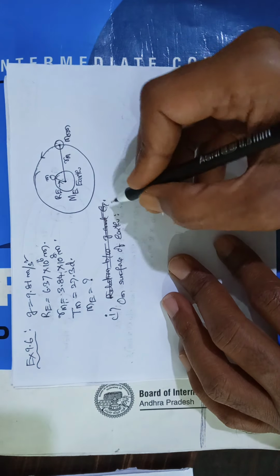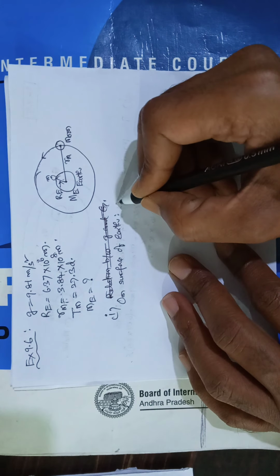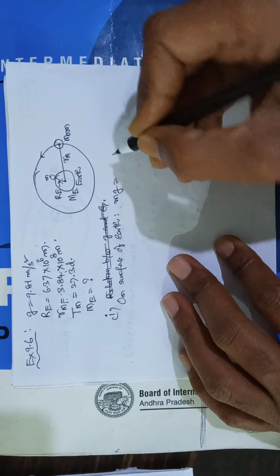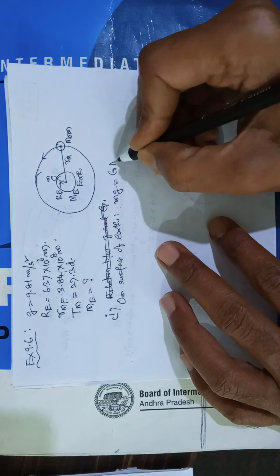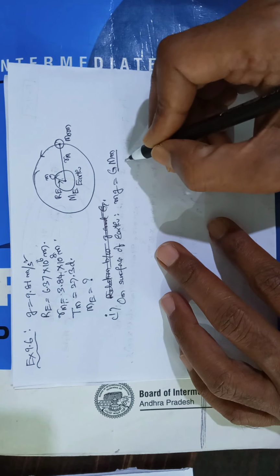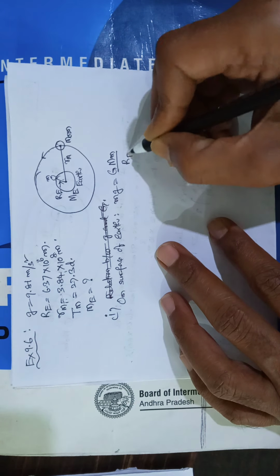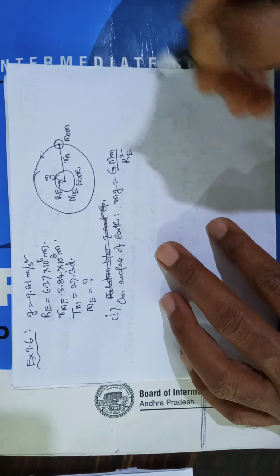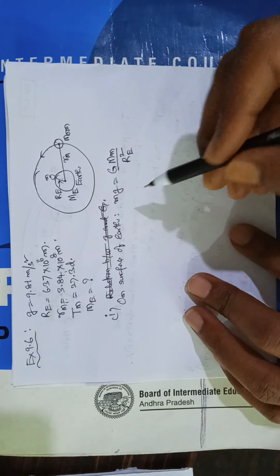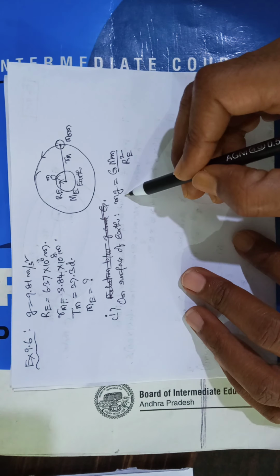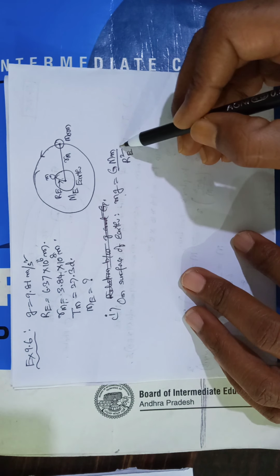So on the surface of Earth we write mg is equal to G capital M small m by r square. This is according to Newton's second law, and this is according to the universal law of gravitation.